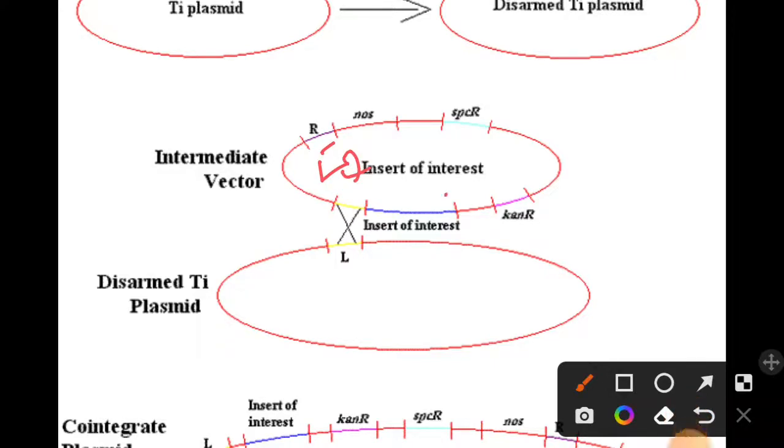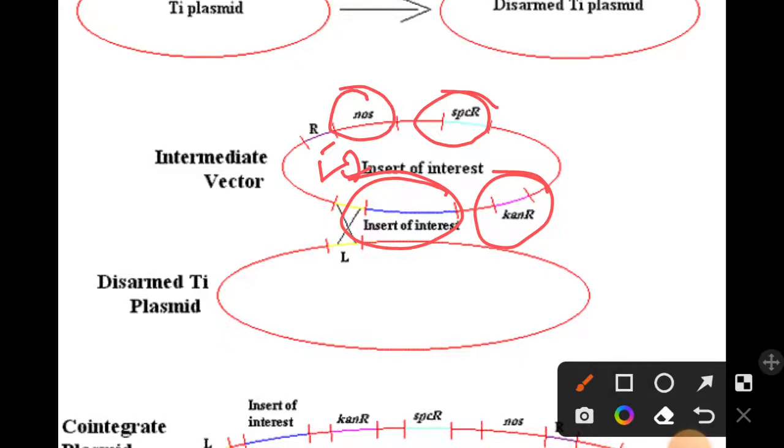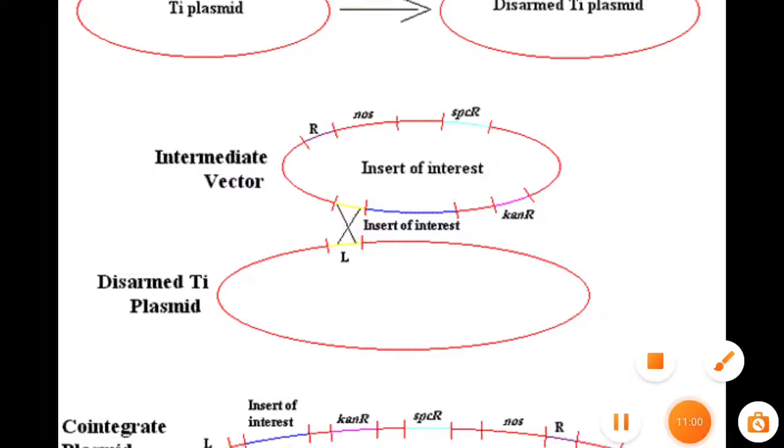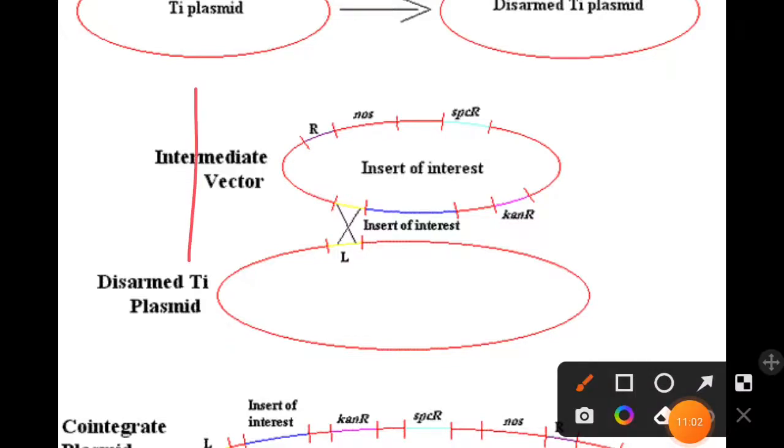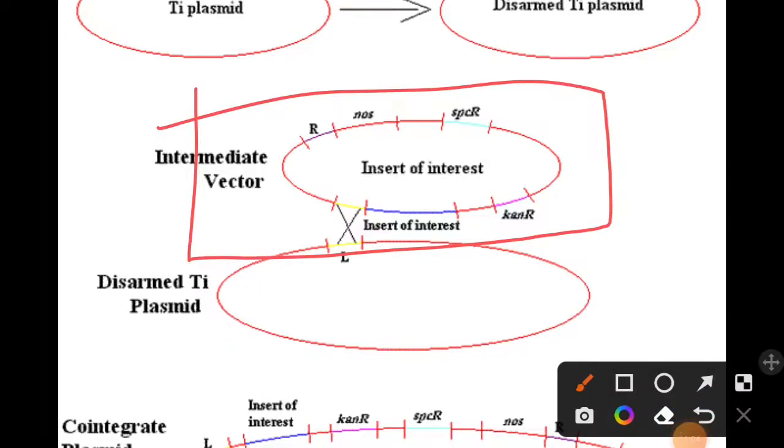There will be an insert of interest, kanamycin resistance gene, spectinomycin resistance gene, opine synthesizing gene, and the opine utilizing gene. So they create this intermediate vector inside E. coli, by the simple cloning procedure that we know.